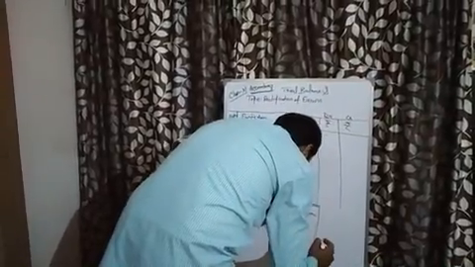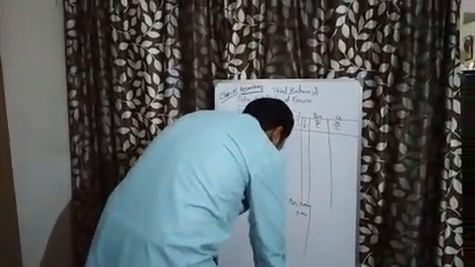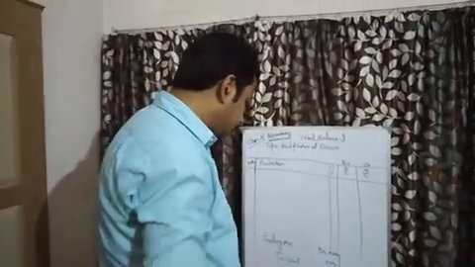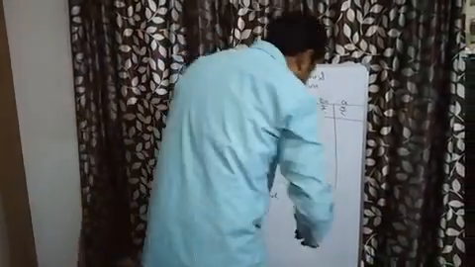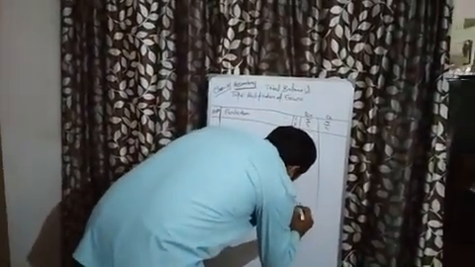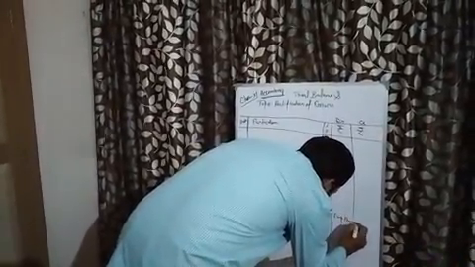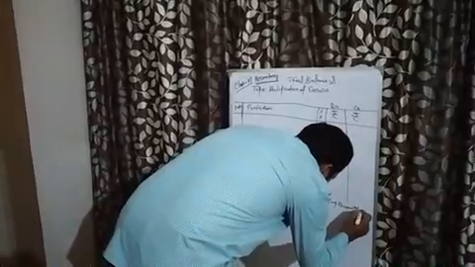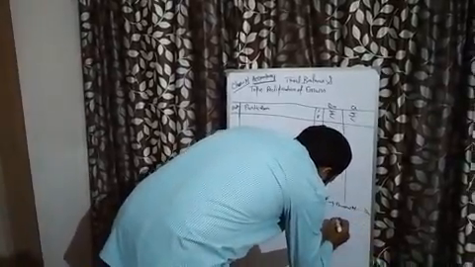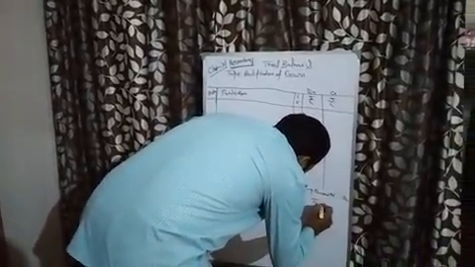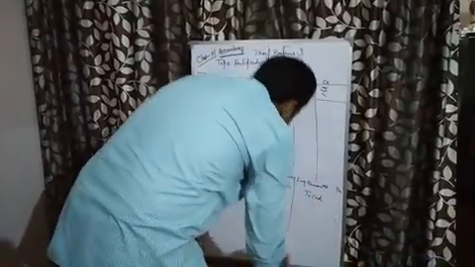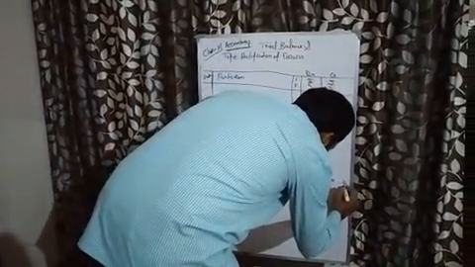Now what is the wrong entry? Instead of that, they actually made employee's personal account debit to cash, also 5,000 and 5,000.